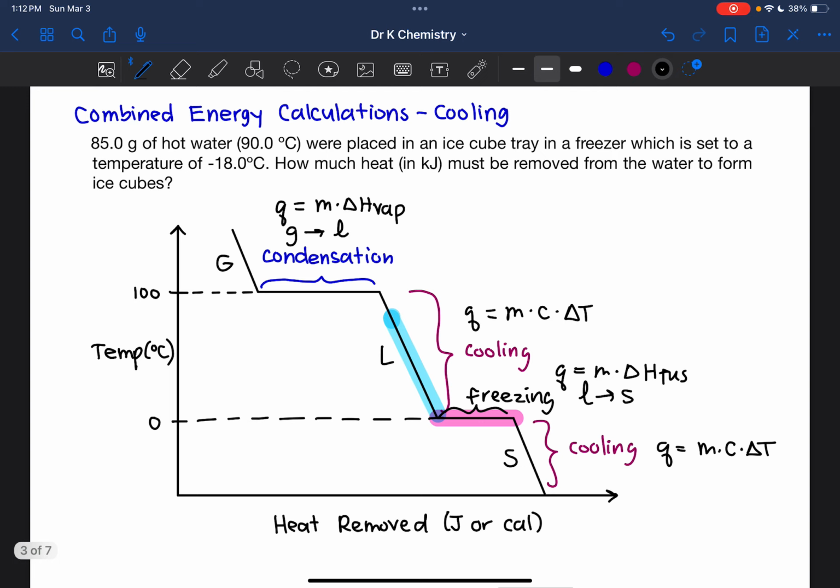And finally, it is saying that the freezer is set to -18. So we actually are going to cool that ice further. We're not ending at 0. So the next thing we have to do is cool that to -18, which we'll say is somewhere around there. And because that doesn't involve a phase change, but does have a change in temperature, we're using the Q equals mc delta T equation.